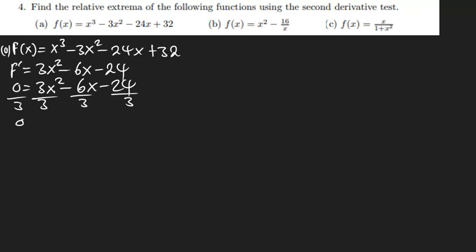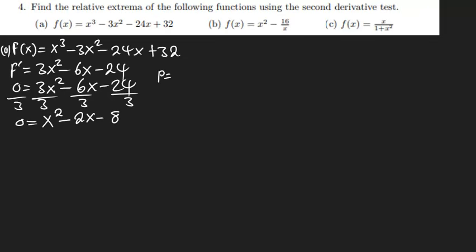So 0 is equal to x to the power 2 minus 2x minus 8, since 24 divided by 3 is 8. Then we can find the product and the sum.